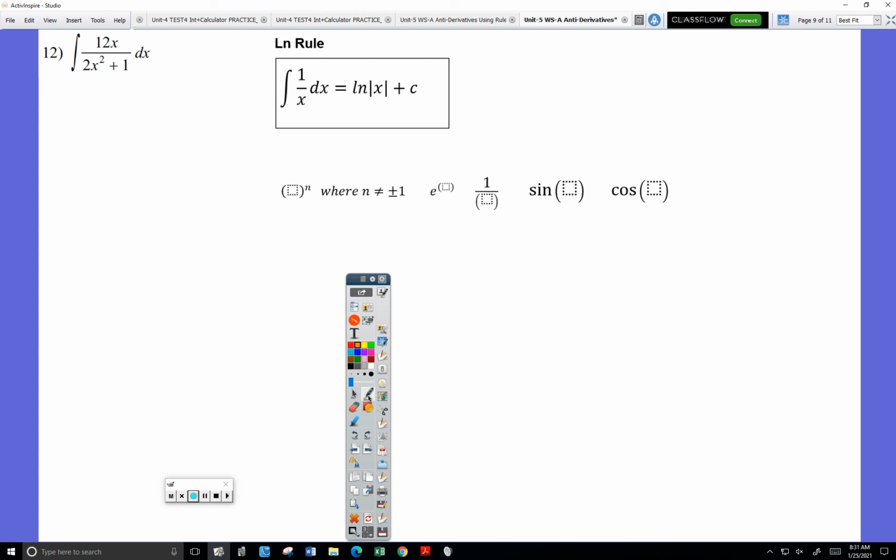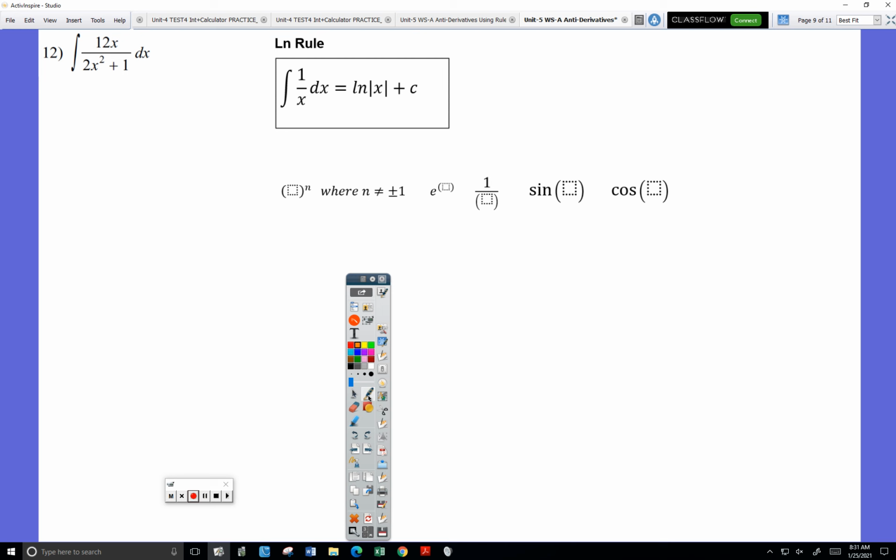Okay, first thing to write in your notes. Listen to my words first before you write anything. Just listen to the idea, then write it down. If I'm trying to see if I can do a U substitution, the first thing I must check for is, do I have a function that really consists of two functions being multiplied?